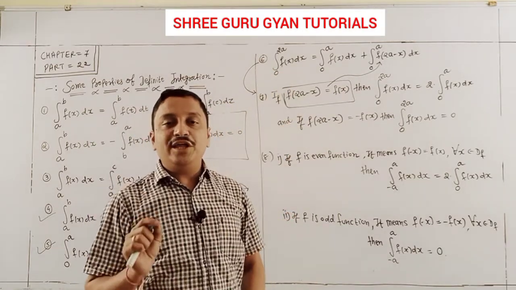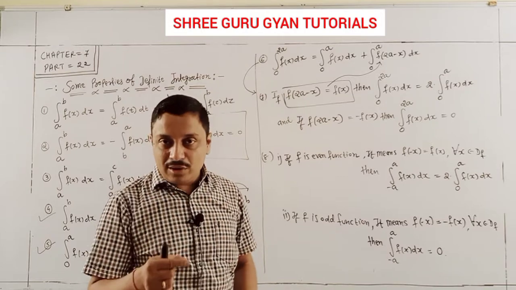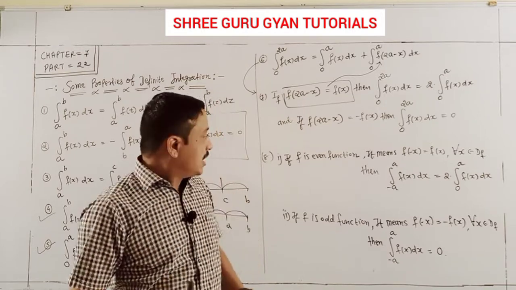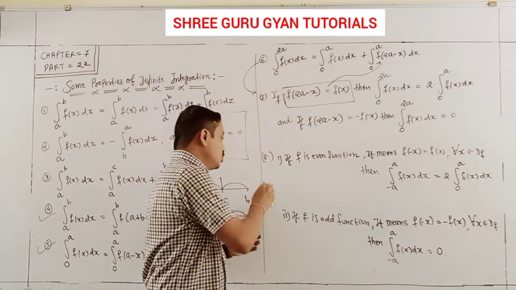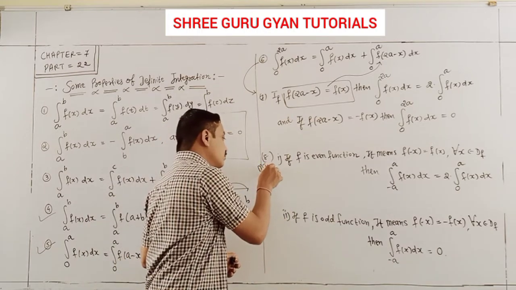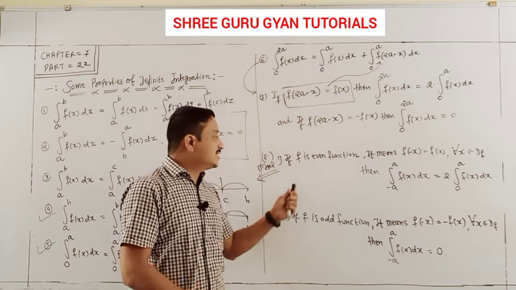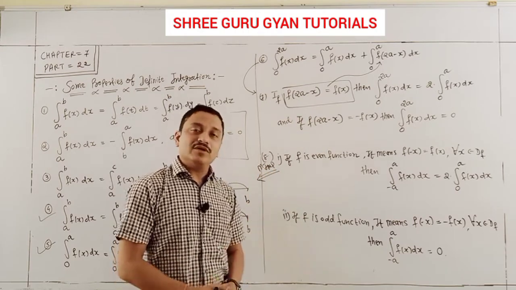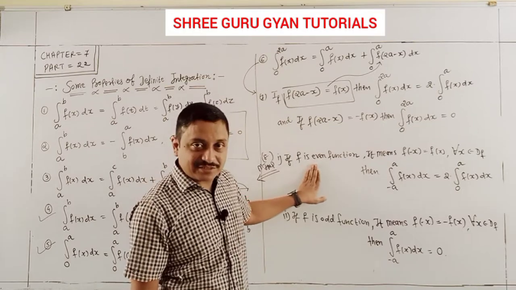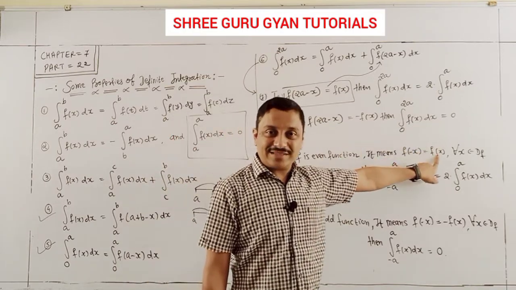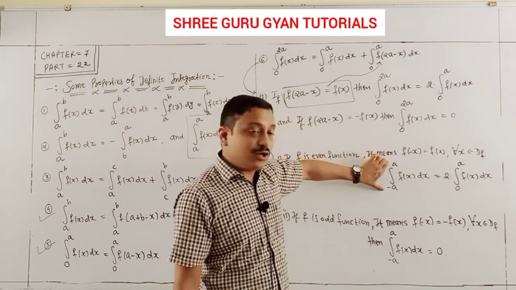Here we do not need to prove all these theorems. You only have to learn this property by heart. Now continue with the 8th. The 8th is also most important, related to MCQ level questions, asking about even or odd. So if f is an even function, it means f(-x) is equal to f(x), then integral from -a to a.